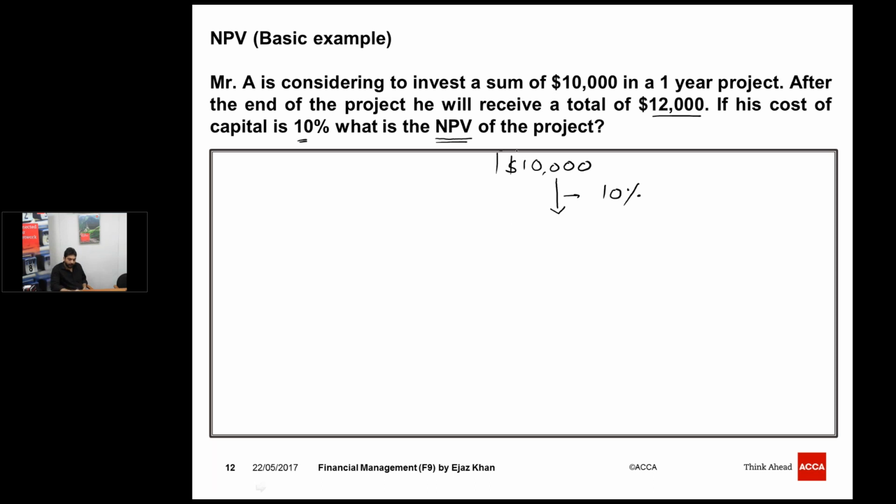He is supposed to invest $10,000. For the time being, we will just ignore what he is supposed to invest. Let us see what should be invested for $12,000. First, we need to find out what Mr. A should invest against $12,000.